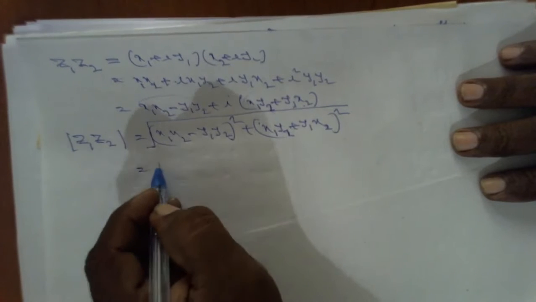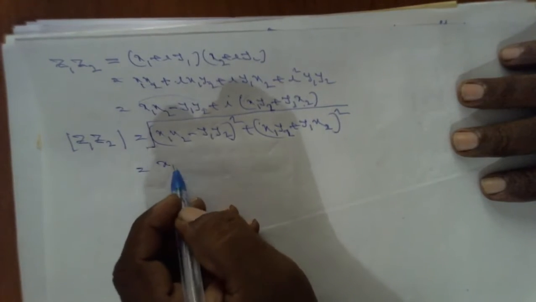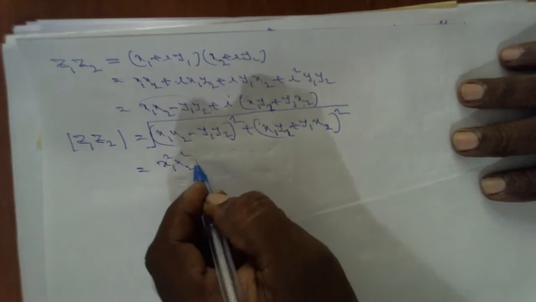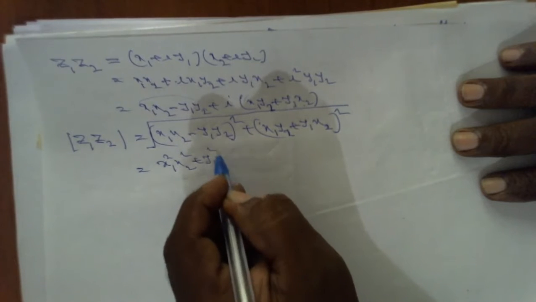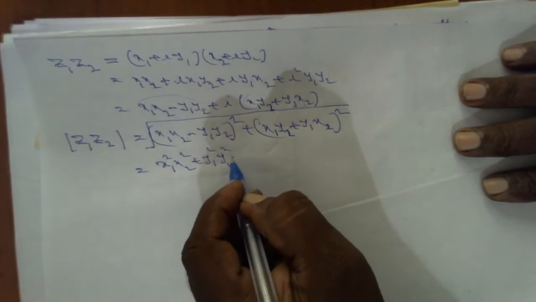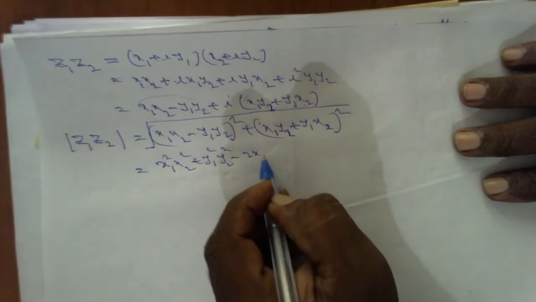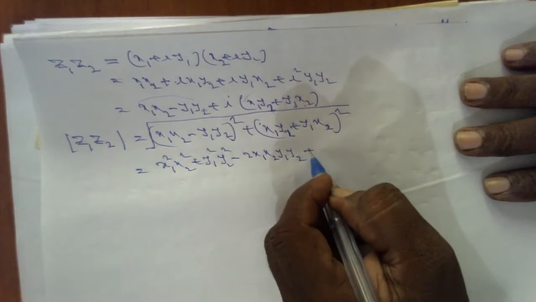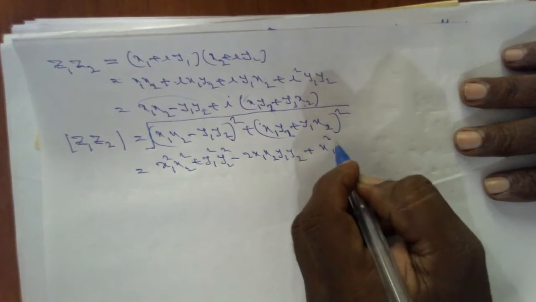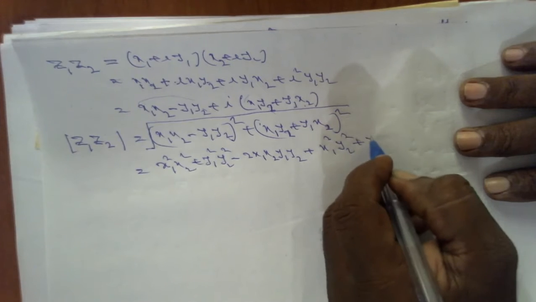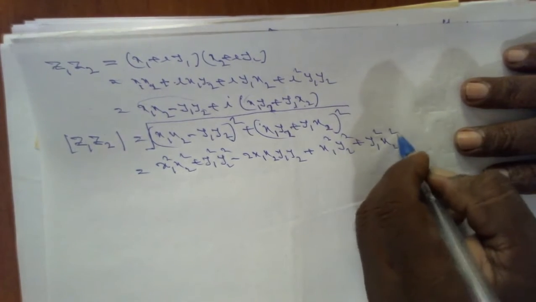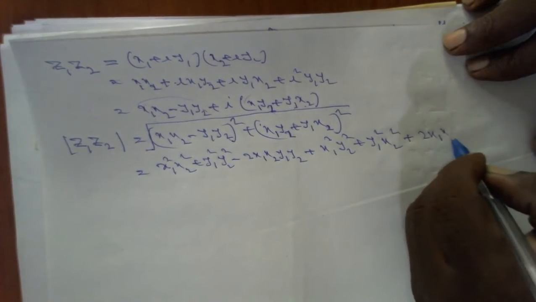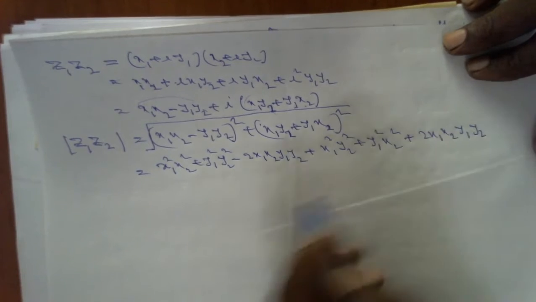Right? You can simplify x1 squared x2 squared plus y1 squared y2 squared minus 2 x1 x2 y1 y2 plus x1 squared y2 squared plus y1 squared x2 squared plus 2 x1 x2 y1 y2.